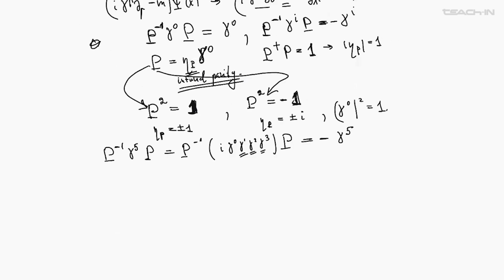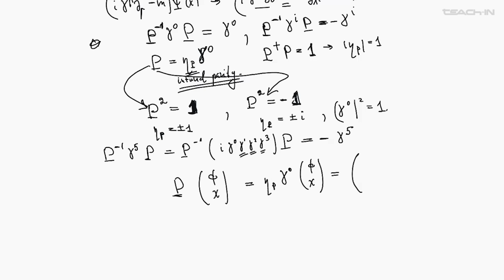And so if you take now a four-component spinor, but written in terms of two-component spinors, phi and chi, and act with this parity operation on it, this is then eta P, the internal parity, multiplied by gamma 0 acting on phi chi. And in the Dirac representation, this is nothing else than eta P phi, minus eta P chi.